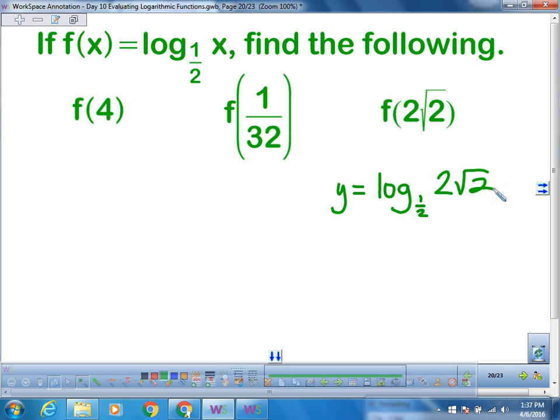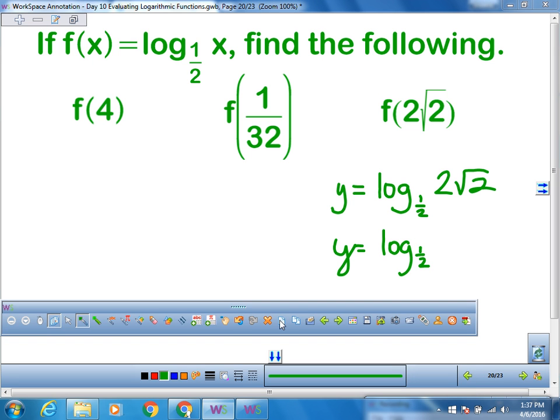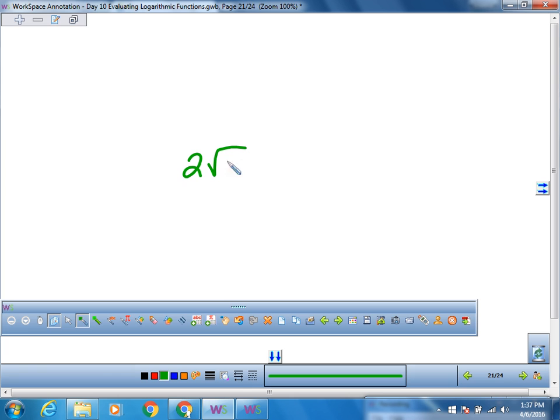Let's change this stuff. Y equals log base 1/2. How can I rewrite 2 root 2? There's a lot of different ways I can do it. I can write it like this.